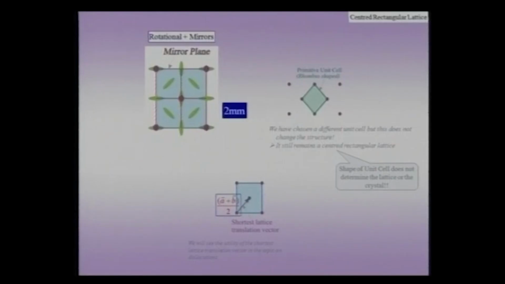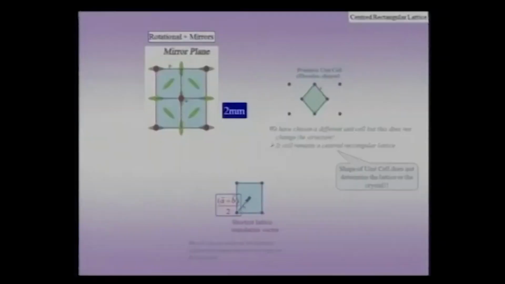For both the centered rectangle lattice and the normal rectangle lattice, we actually choose a rectangle unit cell, while we had a choice of making a green unit cell which is in the shape of a rhombus, which would have had a smaller size and which would have been a primitive unit cell. We shall continue our discussion of the two-dimensional lattices in the next lecture.